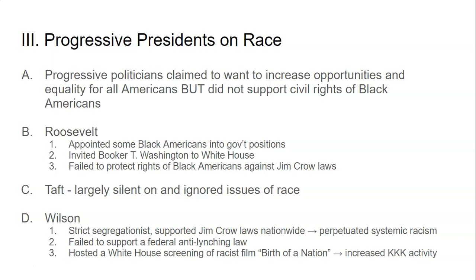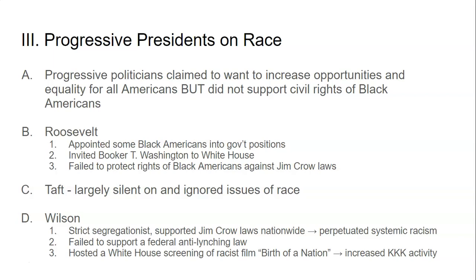It had racist depictions and portrayals of Black people in the South, and it actually increased and strengthened KKK activity during this time. So yes, while the KKK was established in Reconstruction, actually its height of activity is going to be in the 1910s and 1920s. And some of that is because of the movie Birth of a Nation that Wilson showed at the White House.